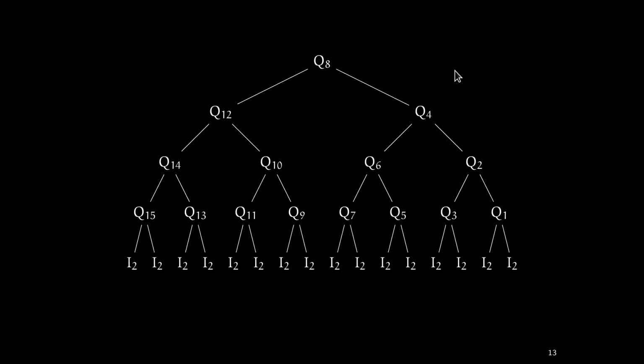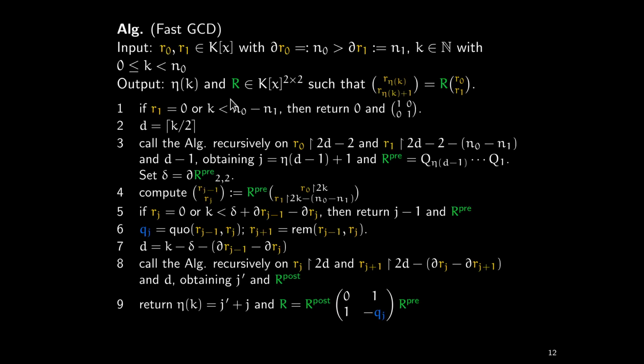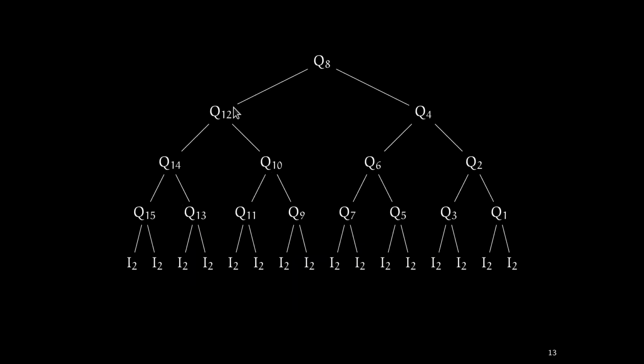But the tree now is a little bit different because before we had all the factors of the multiplication tree at the bottom of the tree, and then in the middle of the tree we just had these products. But now we have ones at the bottom because we are doing nothing here. In the base case, we just return the identity matrix, and the things that I want to multiply are distributed over the internal nodes of the tree. So that's just a minor difference, but it's a difference.